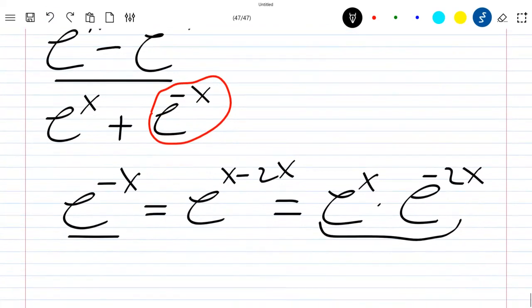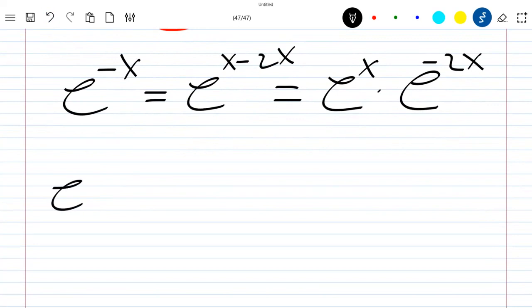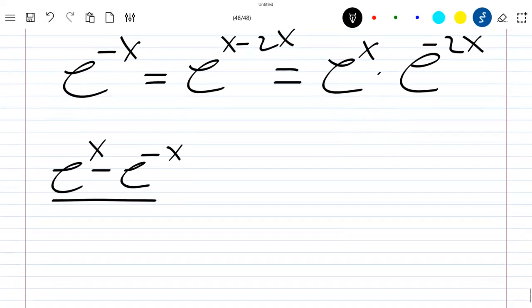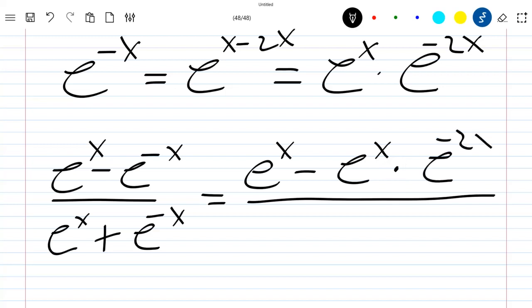We have exponential x minus exponential minus x divided by exponential x plus exponential minus x, which is equal to exponential x minus this exponential minus x, which is equal to exponential x times exponential minus 2x.